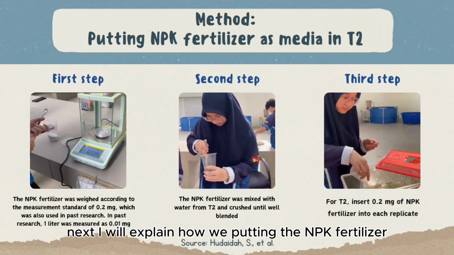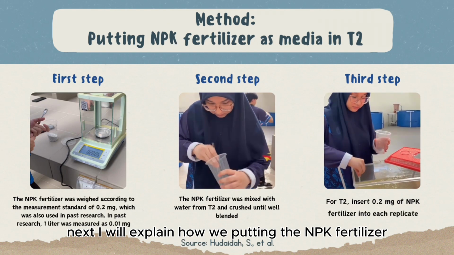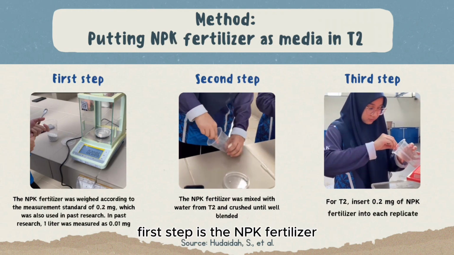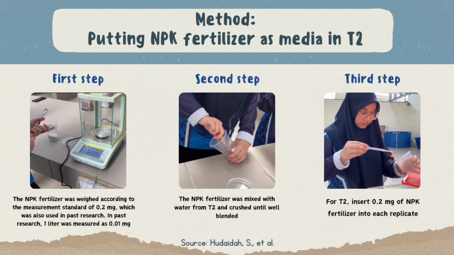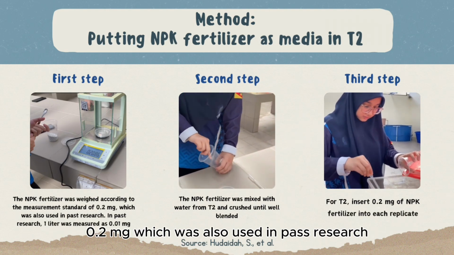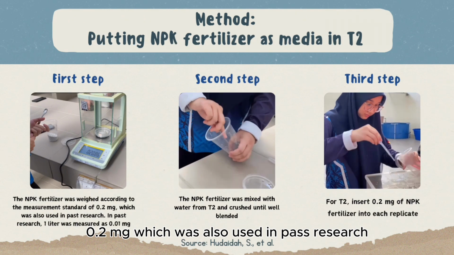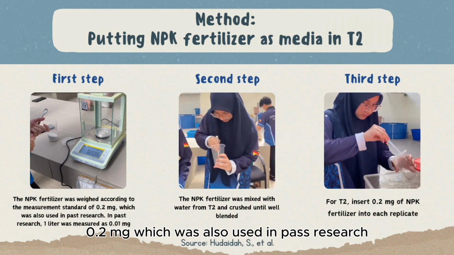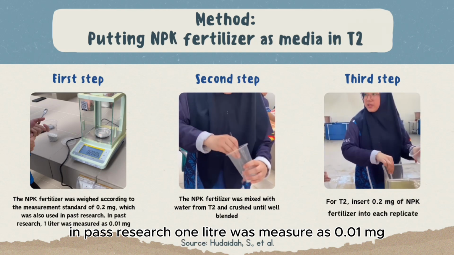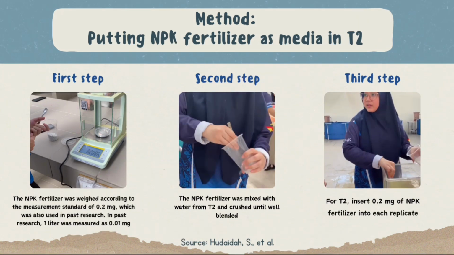Next, I will explain how we put the NPK fertilizer as media in tank 2. First step, the NPK fertilizer was weighed according to the measurement standard of 0.2 mg, which was also used in past research. In past research, 1 liter was measured as 0.01 mg.